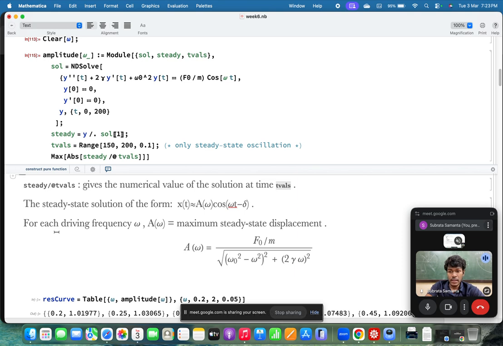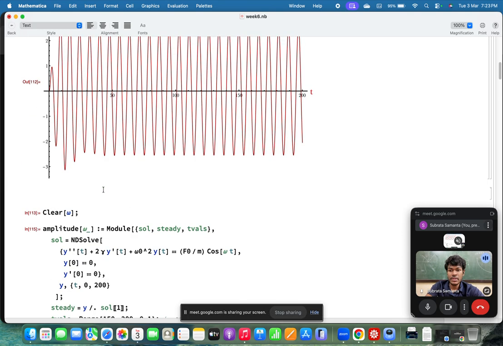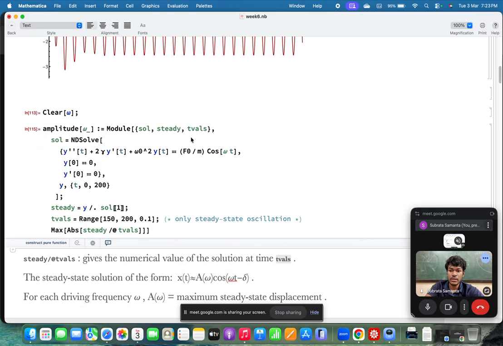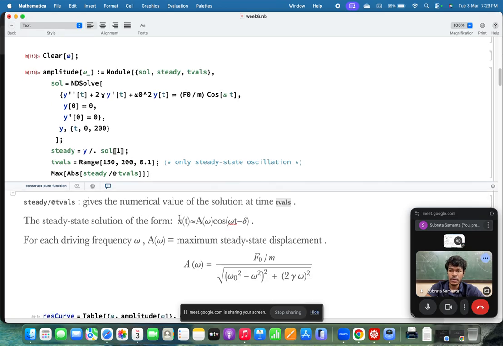And if we solve these equations analytically, the solution is in this form: x(t) equals A(omega) times cos(omega t minus delta). Delta is the phase, omega is your driving frequency, and the amplitude also depends on the driving frequency.